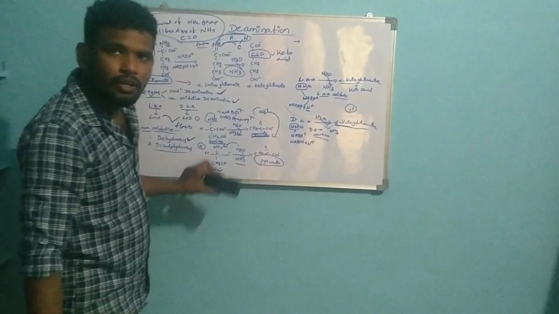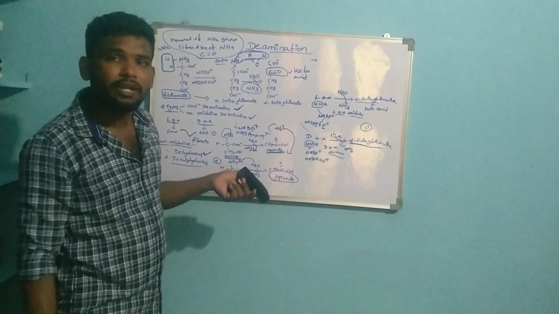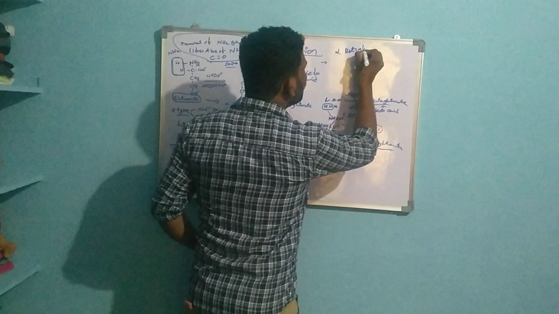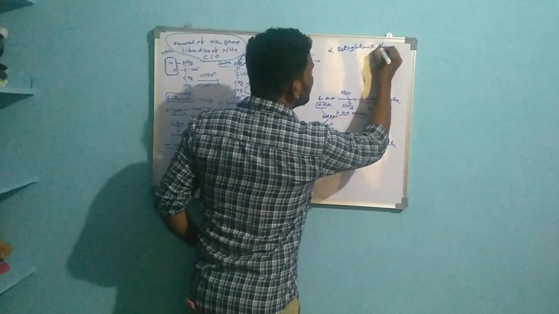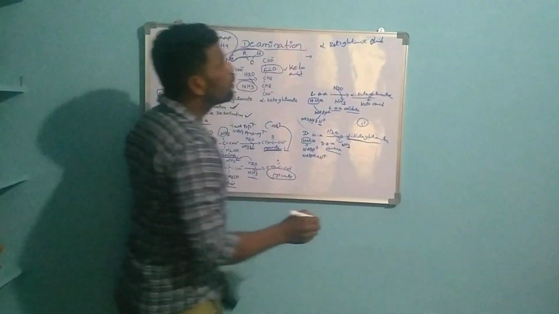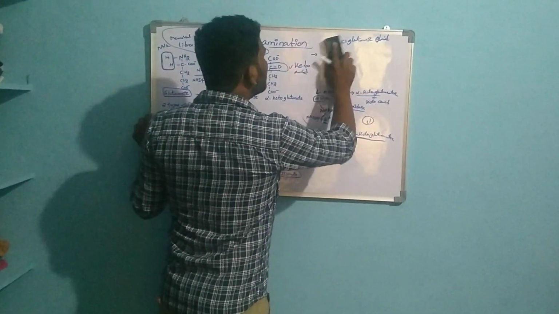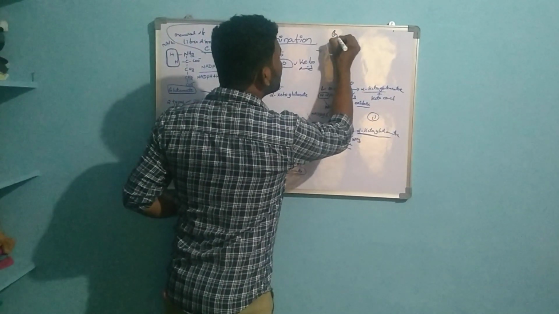In this overall deamination reaction, which type of enzyme leads it? Alpha ketoglutarate acid. This deamination reaction takes place by the enzyme glutamate dehydrogenase.